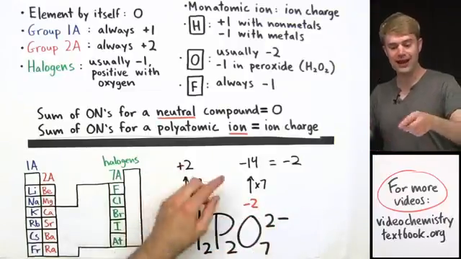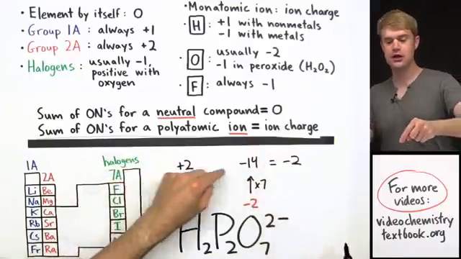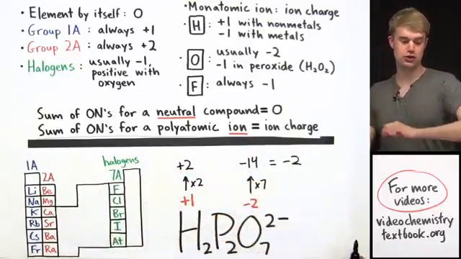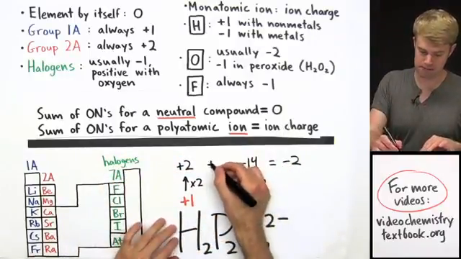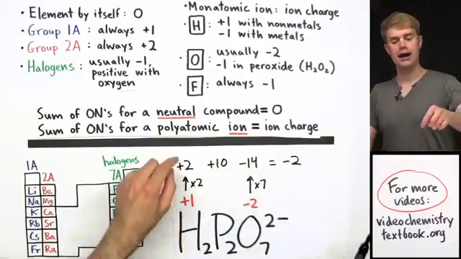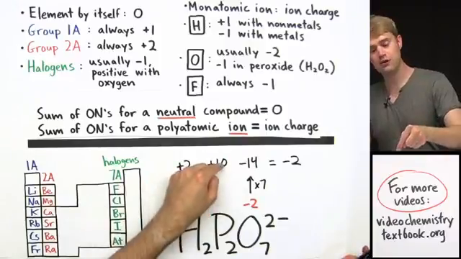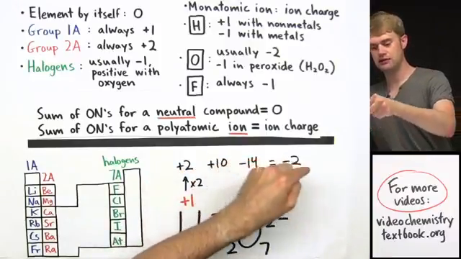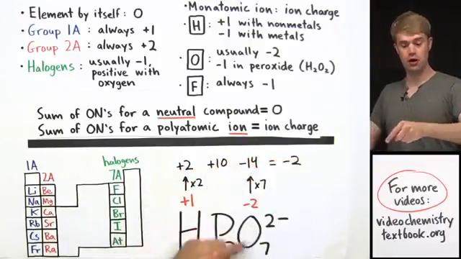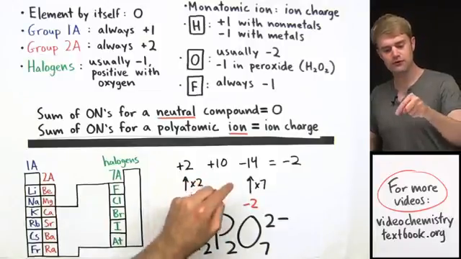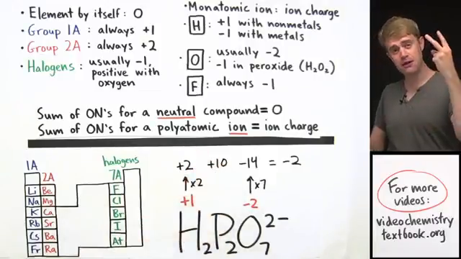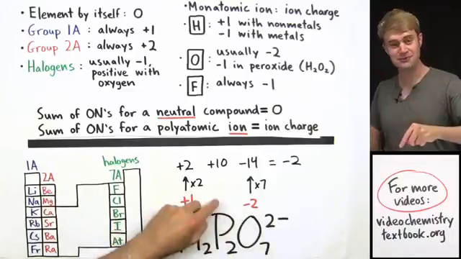So, what are we going to add together with these 2 numbers to get -2? It's going to be +10. I got +2 plus 10 gives us +12, -14 gives us -2. So, the total oxidation number for phosphorus is +10, but there are 2 phosphoruses.